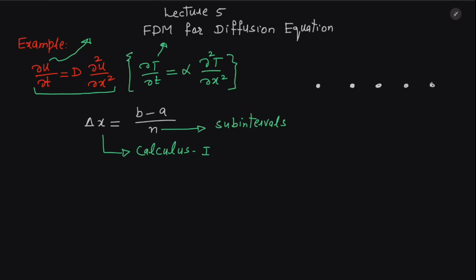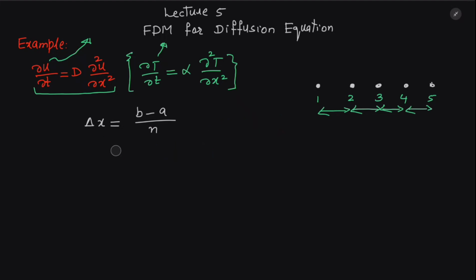Okay, so for simplicity, I have drawn 5 nodes. There are 5 nodes. You can count them: 1, 2, 3, 4, 5. And the number of subintervals is 4: 1, 2, 3, and 4. There are 4 subintervals. It means that I can put n equal to 4.